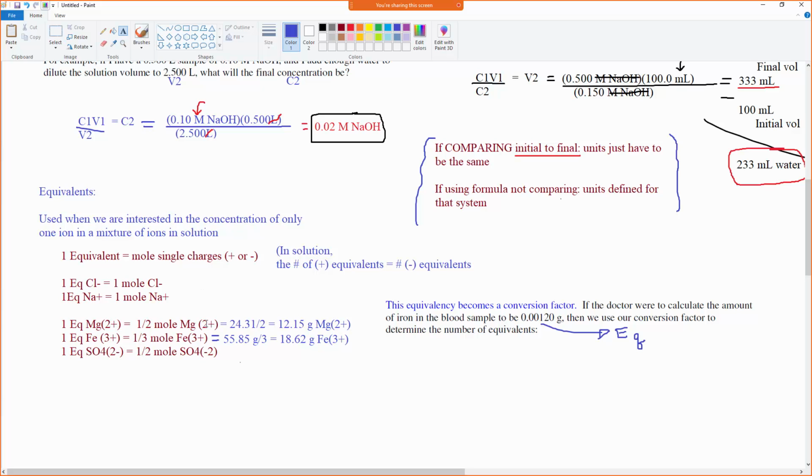But if you have a charge of +2 or +3, basically anything other than +1, you have to divide the number of moles by that charge number. So if your magnesium is +2, one equivalent is 1/2 of a mole, and it's going to be 1/2 of that molar mass if you're looking to go straight to grams. Does that answer your question?